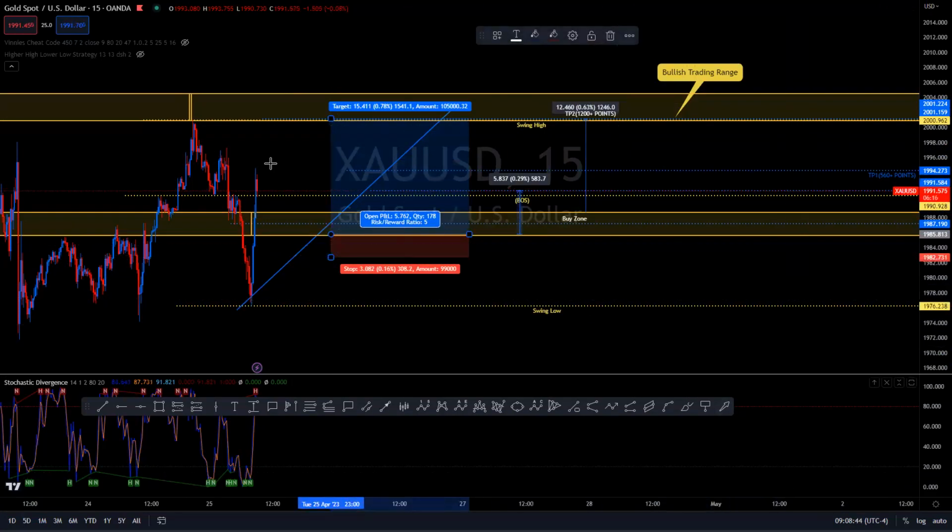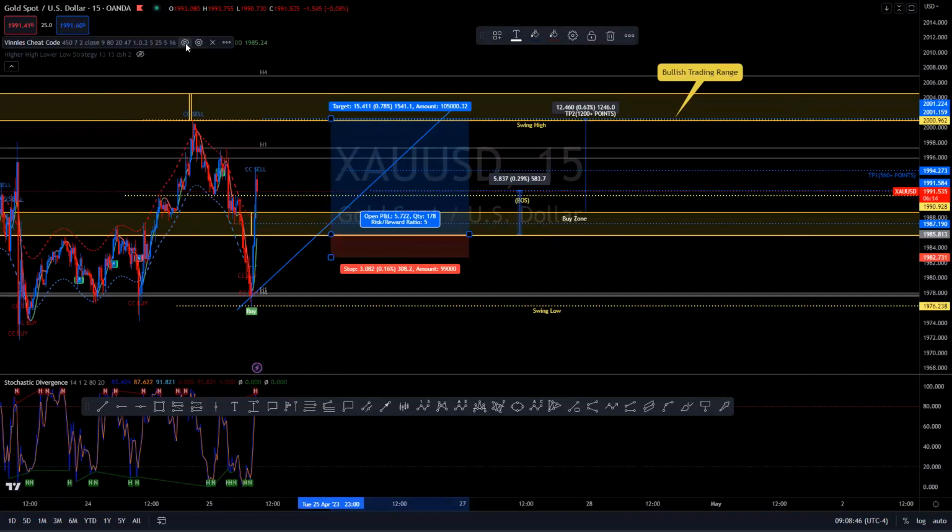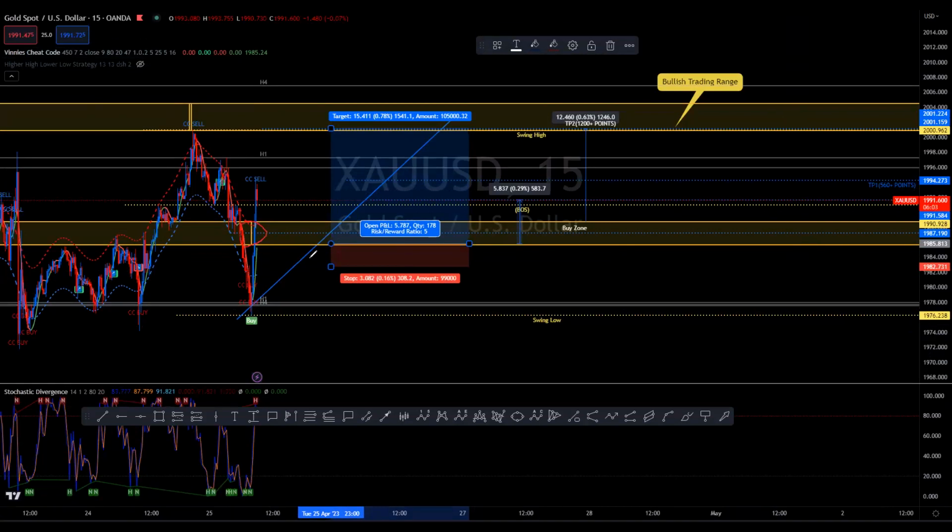So then when we turn on the indicator in the chart, we see price sticking out of the Bollinger Band.